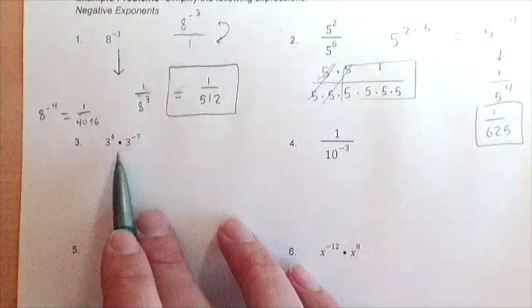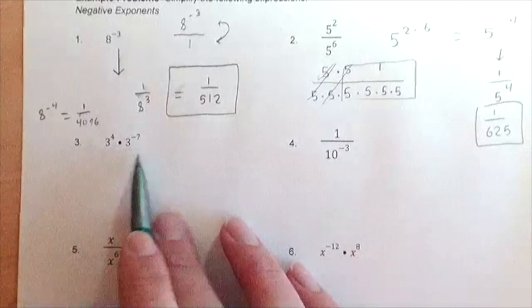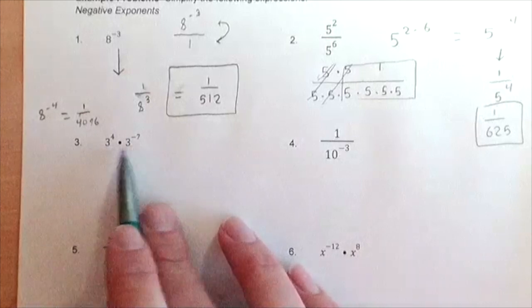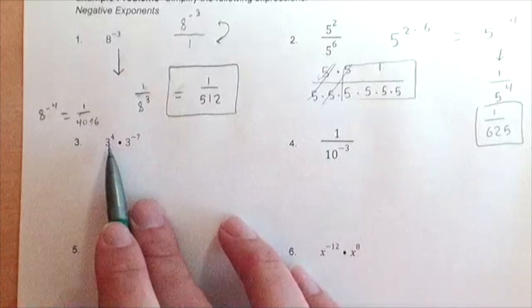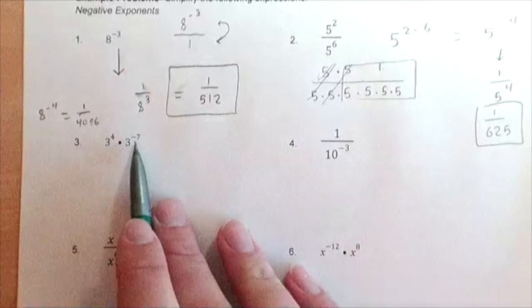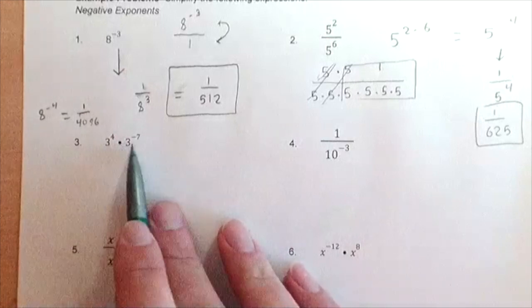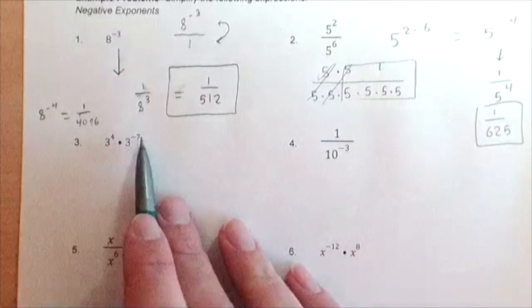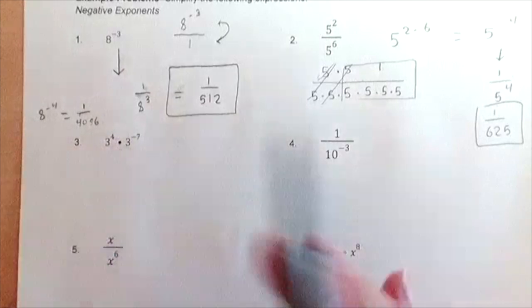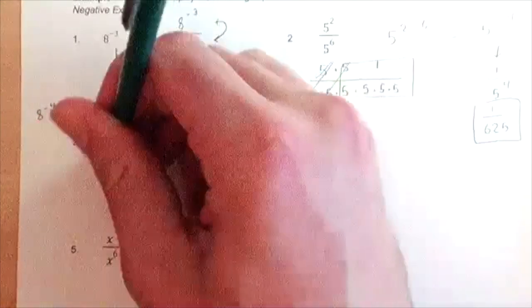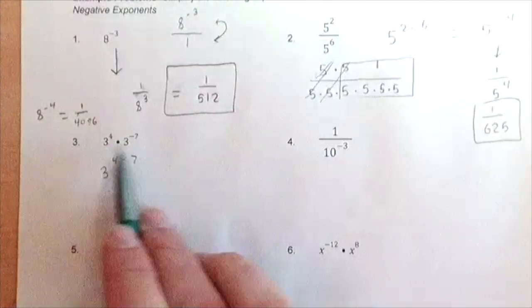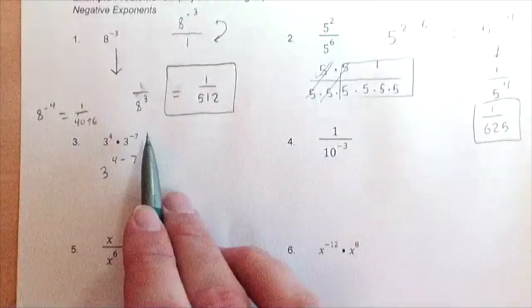This is another example I wanted to talk about that kind of highlights what this is all about. What's interesting here is this is pretty easy. So we see 3 to the 4th times 3 to the negative 7. All you have to do is add the top numbers, right? This is a question that you could have solved yesterday, because we know that same base exponents, we can add together the top numbers.